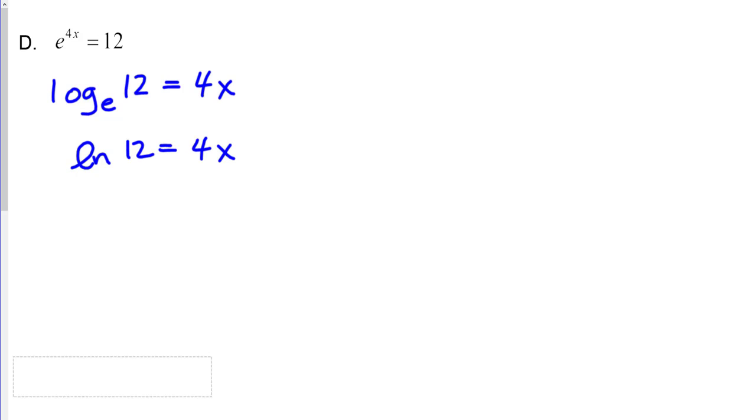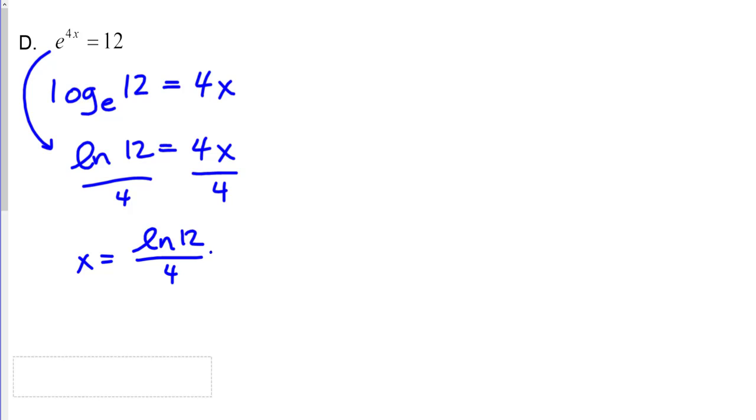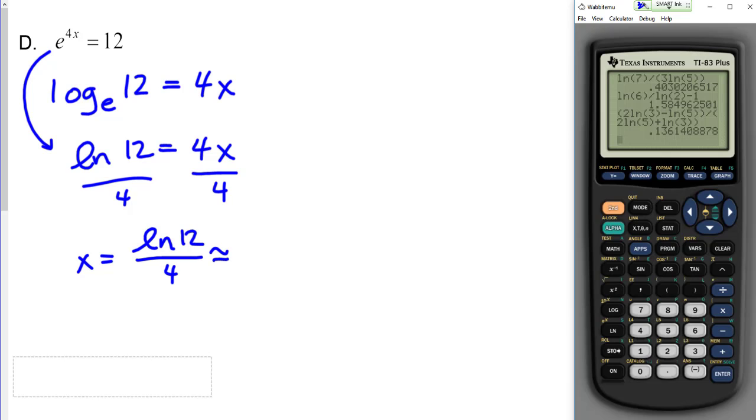We could have actually really gone straight to this step, knowing that log base e results in the natural log. Then the next thing that we do is just divide both sides by 4. So x is equal to the natural log of 12 divided by 4, which, if I get the calculator out, I can approximate. So it would be the natural log of 12 divided by 4. So 0.621.